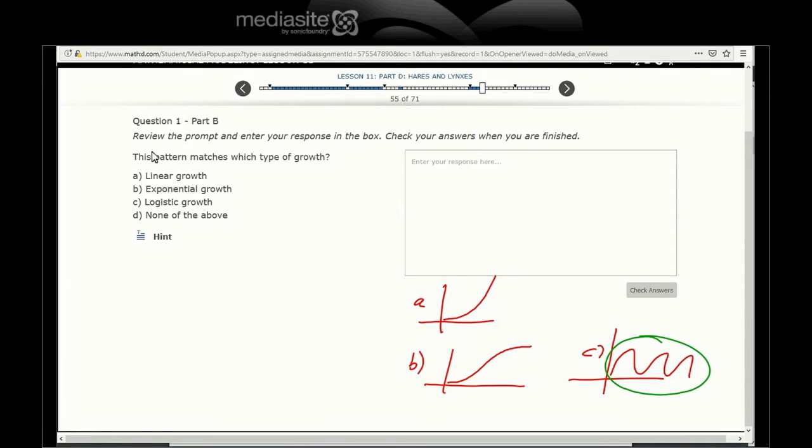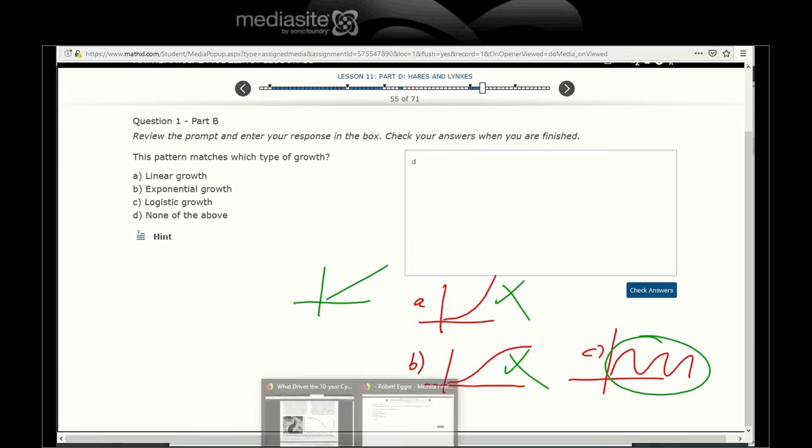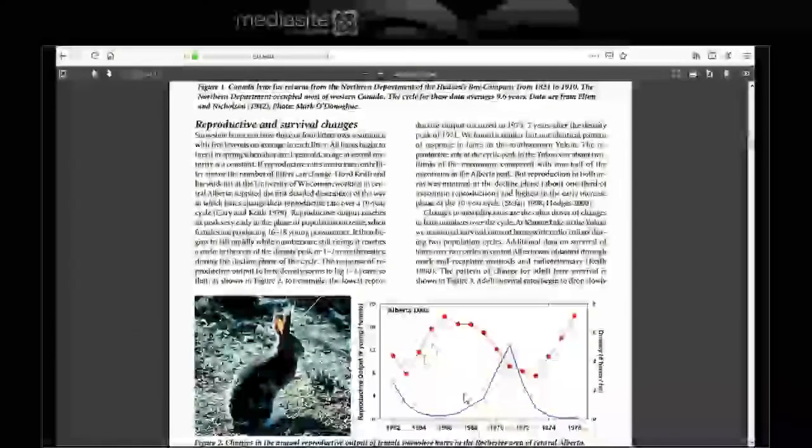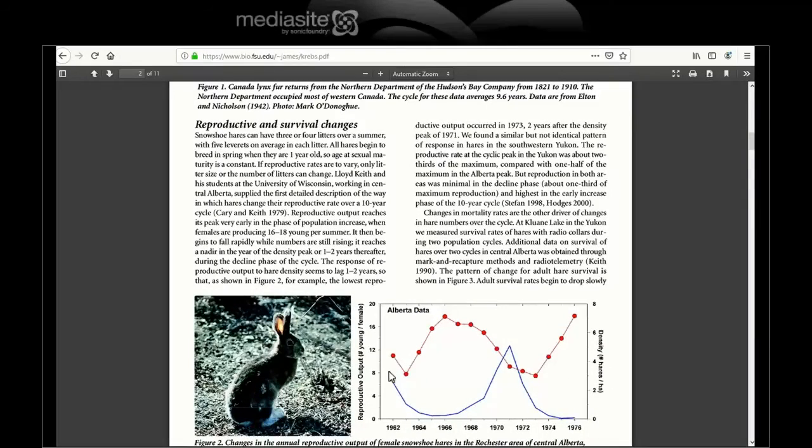This pattern matches which type of growth? Linear growth? No, it's not a straight line. Exponential? Nope. Logistic? Nope. None of the above. Exponential goes up and up and up.